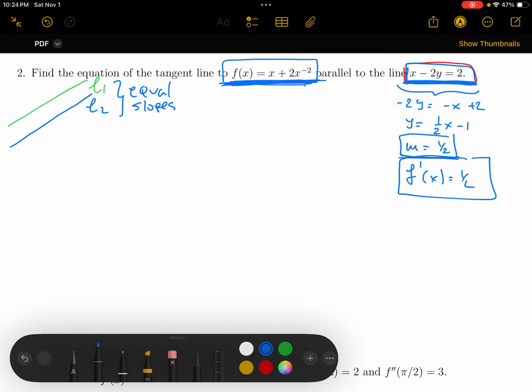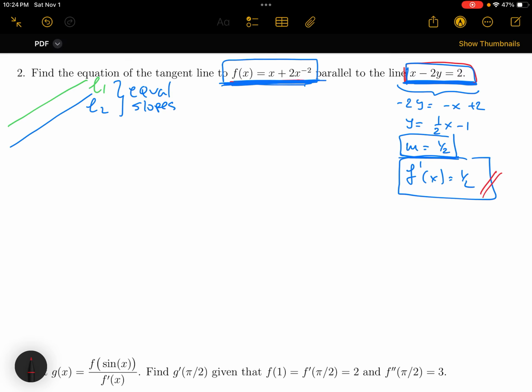So what's missing here, right? Since I already know the slope of the tangent line, let's see, what do we miss? I have y minus y naught is equal to 1/2 times x minus x naught. Okay, I already have the slope of the tangent line from the fact that it's parallel to this line.